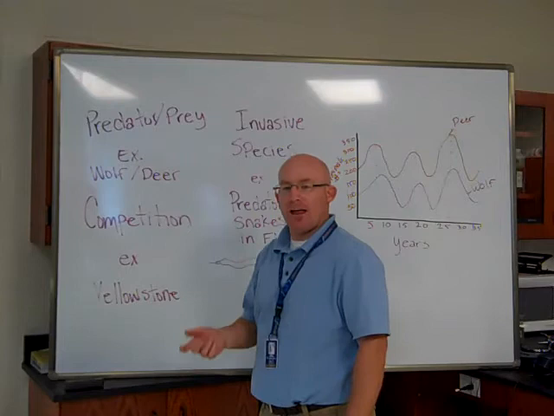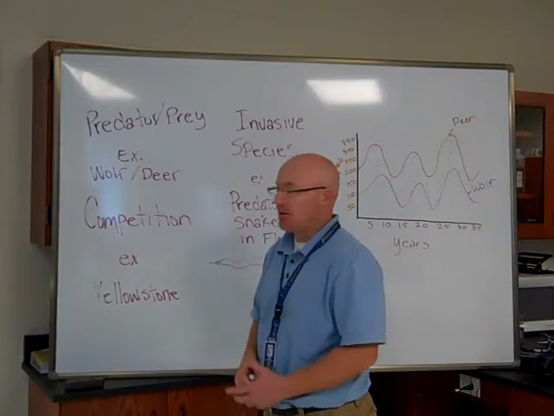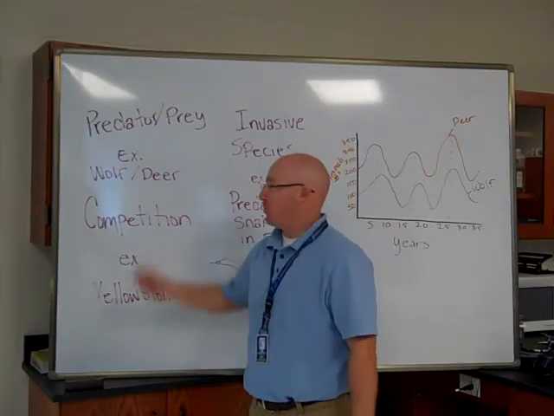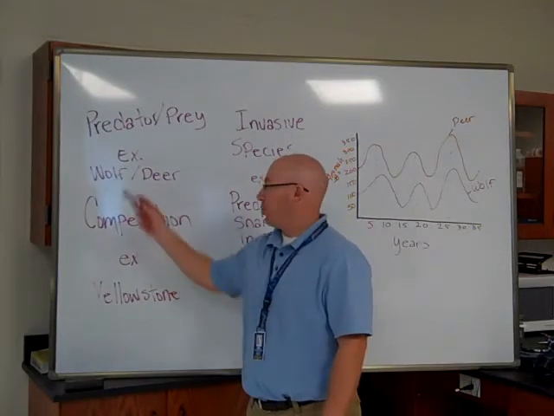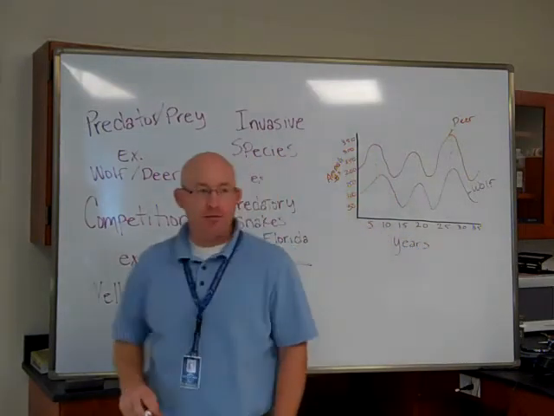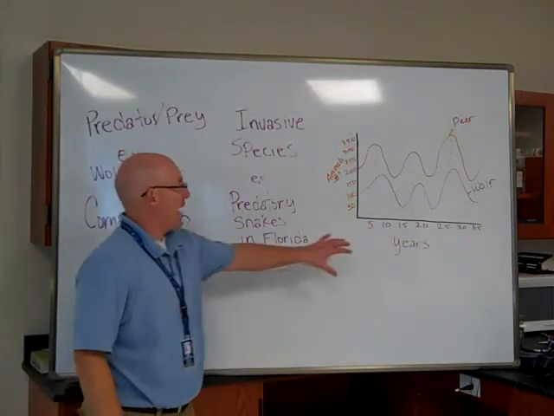That is a very classic example of this. In this case, we'll use the wolf and the deer. We are all familiar with wolves and deer and the fact that a wolf will eat a deer. So in this case, starting with predator-prey, we're going to look at this graph.